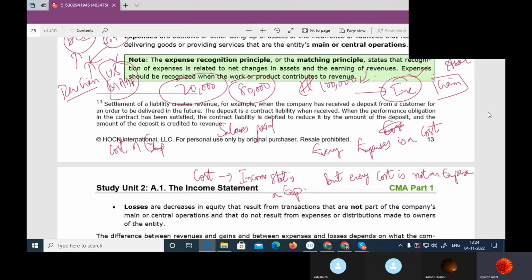Not every cost will be shown in the income statement. Let's say opportunity cost. Do you think opportunity cost can be shown in the statement of profit or loss? No. Why? What is an opportunity cost? When you become a CMA, you can start as a consultant, a freelancer, or you can work in a company as an analyst or a financial controller.